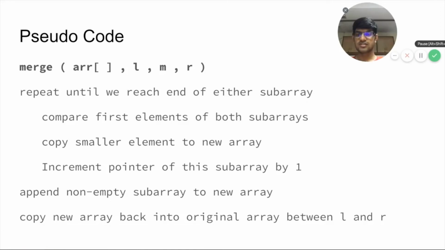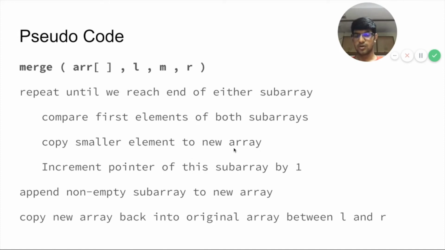The merge procedure, as we saw earlier, requires us to repeat the following statements till we reach the end of either one of the subarrays. Inside this loop, we first compare the initial elements of both of these sorted subarrays and copy the smaller element into a new array.